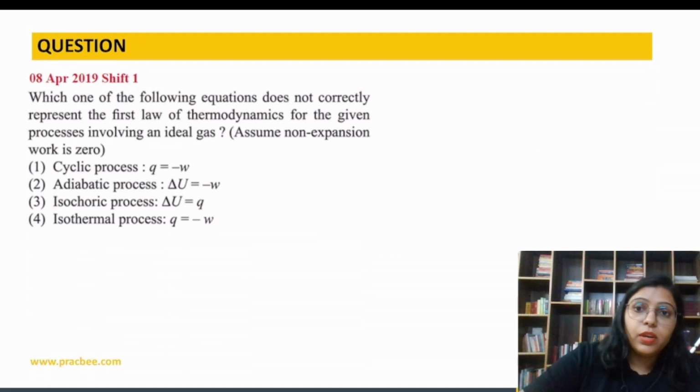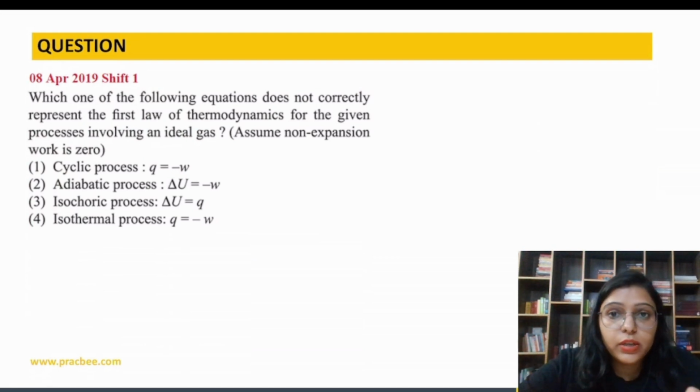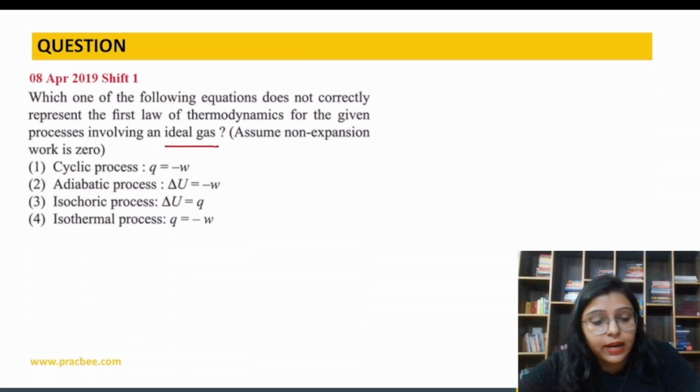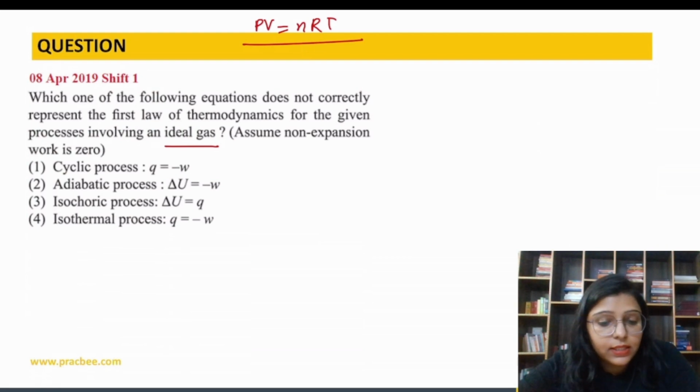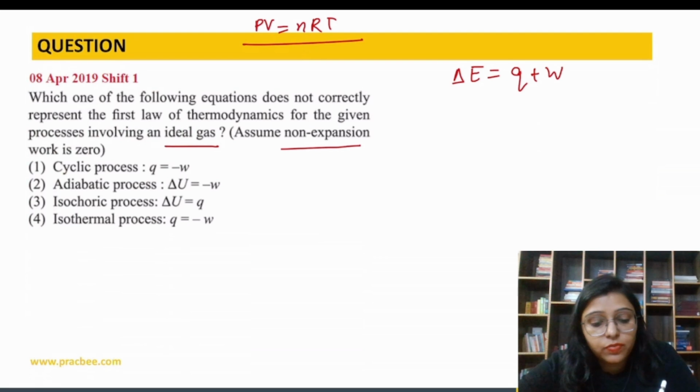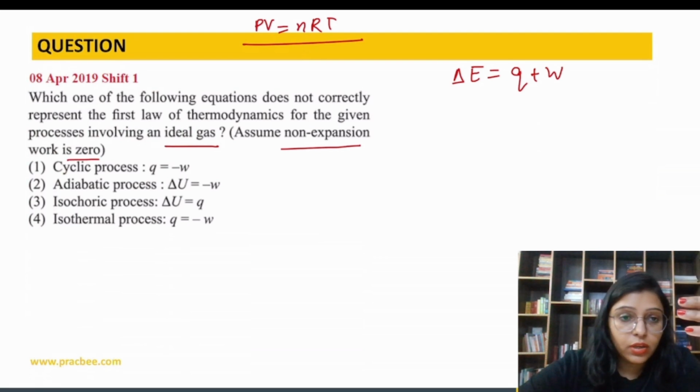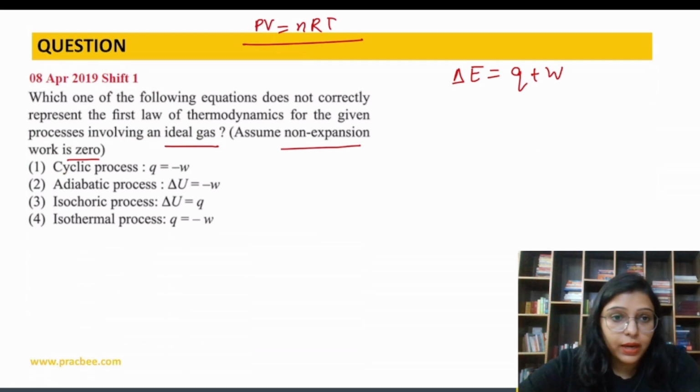So the first question: which one of the following equations does not correctly represent the first law of thermodynamics? Right? And an ideal gas is there. Ideal gas means PV is equal to nRT, and the first law of thermodynamics is delta E is equal to Q plus W. Assume non-expansion work is zero. That means the work which is involved, but is not responsible for the change in volume, we have to take as zero.